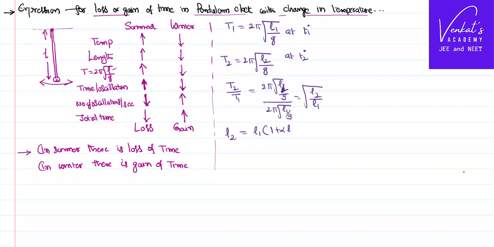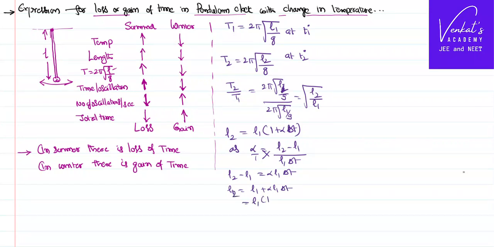That can be found as L2 equals L1 into (1 plus alpha delta T), based on the definition of alpha. You know the definition of alpha, right? When you cross multiply, L2 minus L1 becomes alpha L1 delta T. Take that L1 to that side: L1 plus alpha L1 delta T.